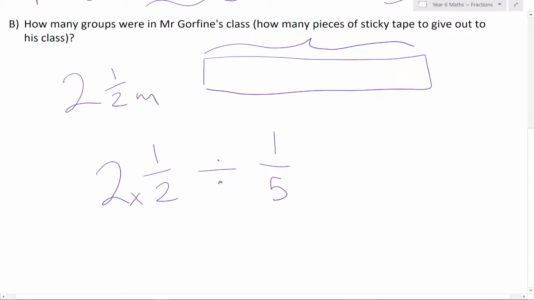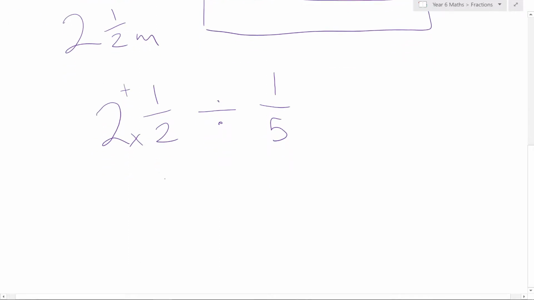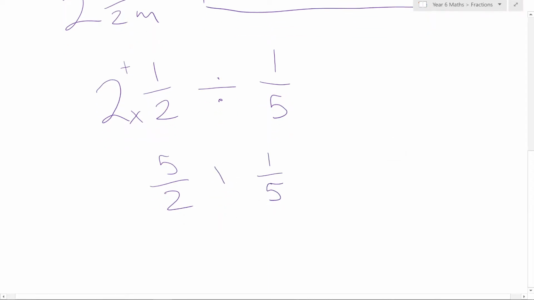So we have 2 times 2, which equals 4, plus 1 will be 5 halves, divided by 1/5. And remember, when we're doing divide, we can change it to times, flip the one on the right. There's now 5 over 1 instead.